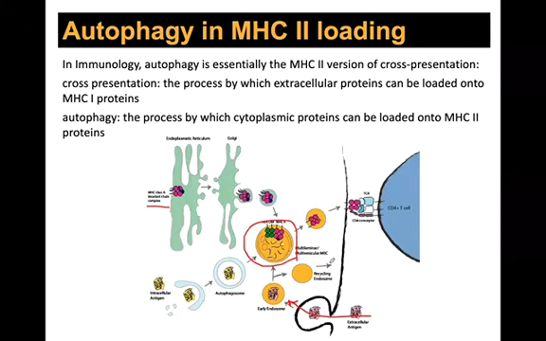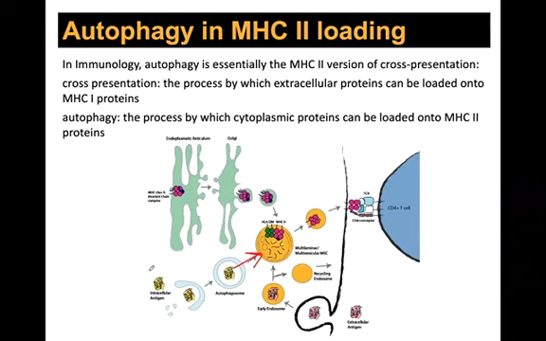And it's here where you have degradation of the invariant chain, leaving CLIP, and you have the chance to load the degraded peptides that are coming in. But from autophagy, either through macroautophagy or perhaps more importantly through LAMP protein transport, you also have peptides put into this compartment that is coming to the M2C.